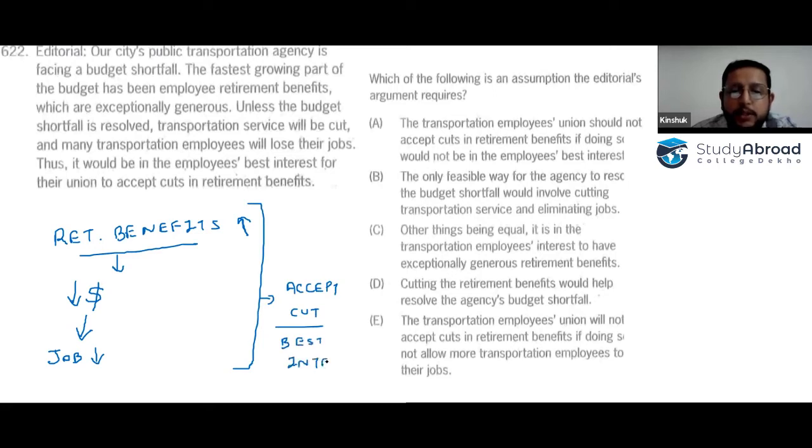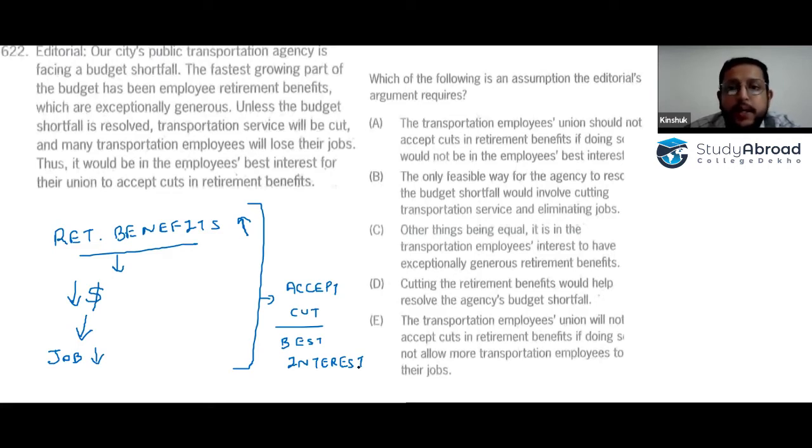So now let us go through the answer choices and try to understand which answer choice is going to take us through this argument. So answer choice A says transportation employees union should not accept cuts in retirement benefits if doing so would not be in the employee's best interest. So here on the first go, you might think that this could be possibly somehow connecting to some of it, right?